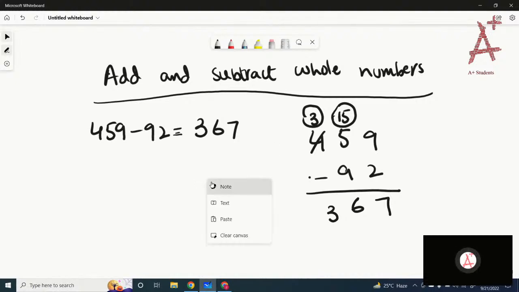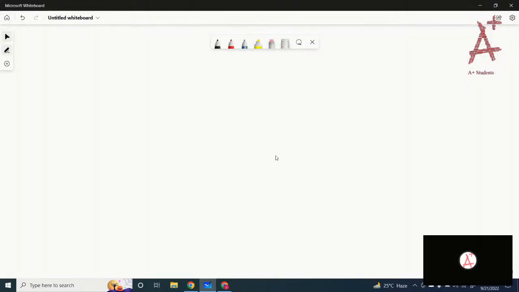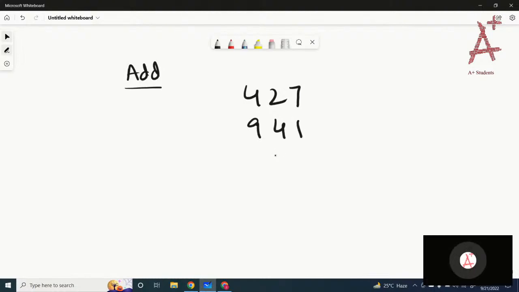Okay, let's do another example. The next one is you have to add, and the numbers we are given are 427, 941, and the third one is 403.